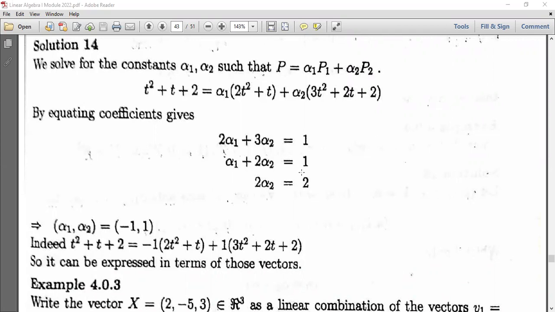Members, are we okay with linear combination? We have defined a linear combination of vectors.